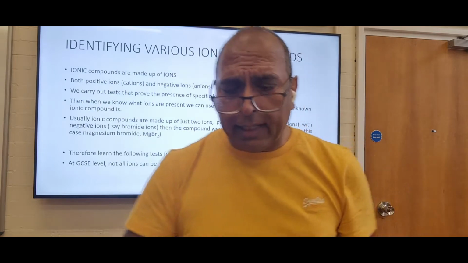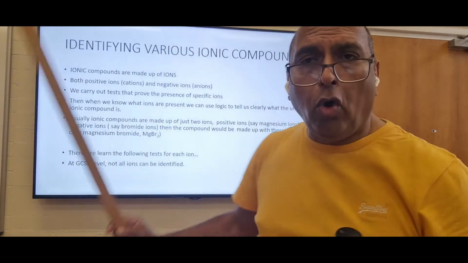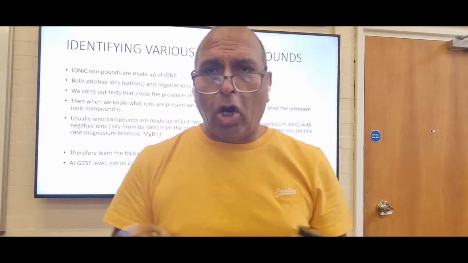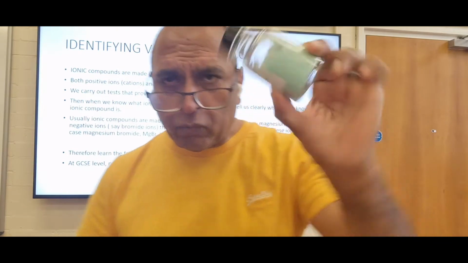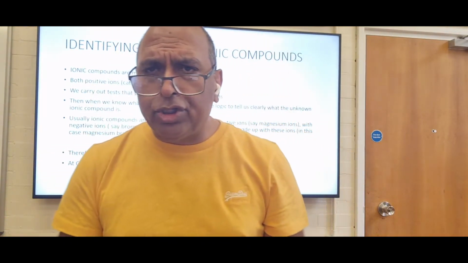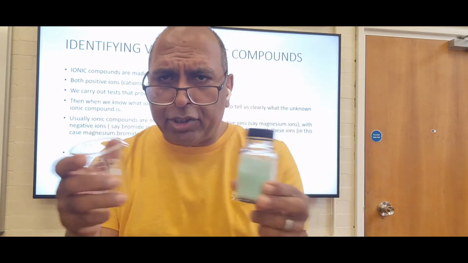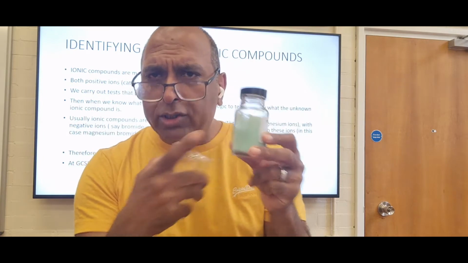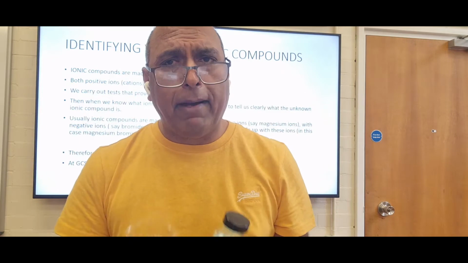But what they will say in this topic is the compound is ionic. Or you will know it's ionic if it's a combination of a metal reacting with a non-metal. So if I tell you this green powder is ionic, and I want us to do simple procedures to prove what's in there, then this is what this topic is about mainly.